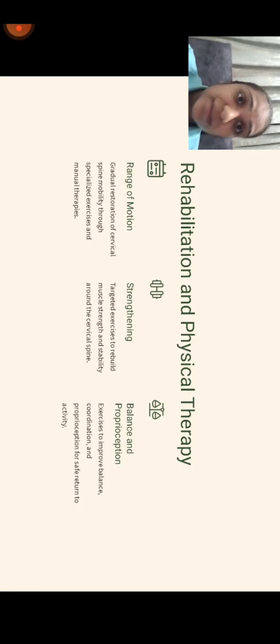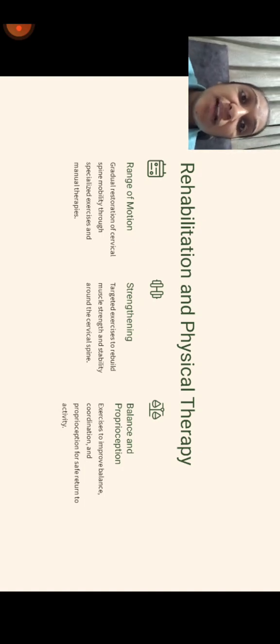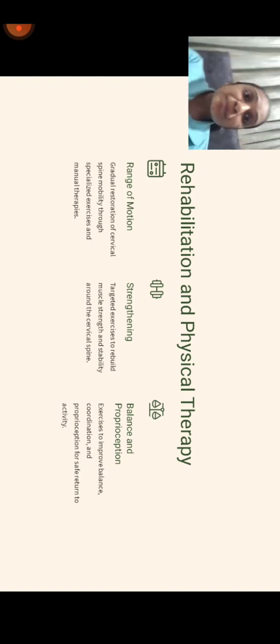Rehabilitation and physical therapy: range of motion, strengthening, balance and proprioception. Range of motion: gradual restoration of cervical spinal mobility through specialized exercise and manual therapies.